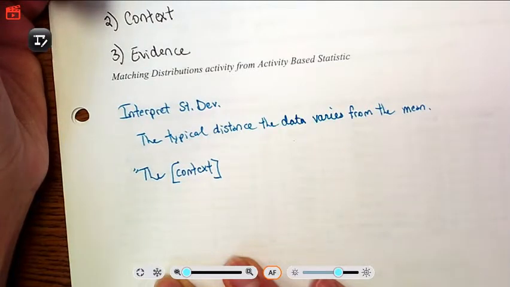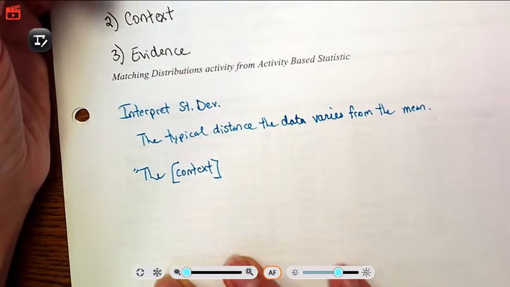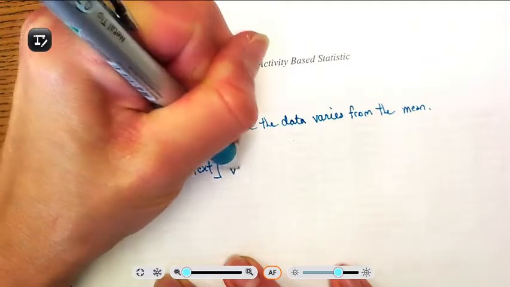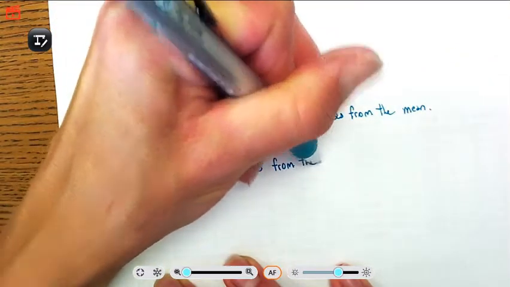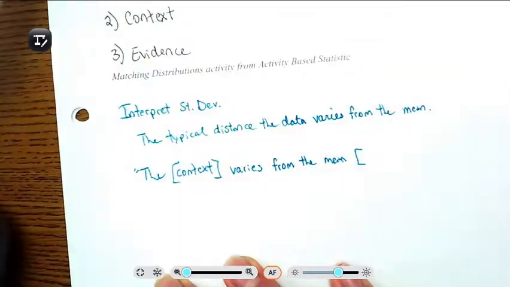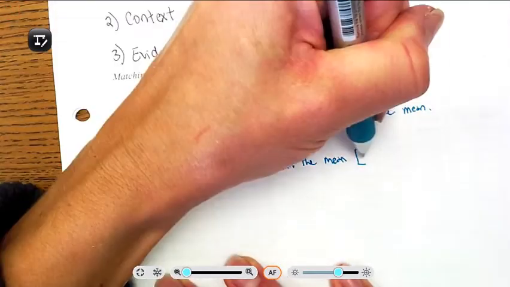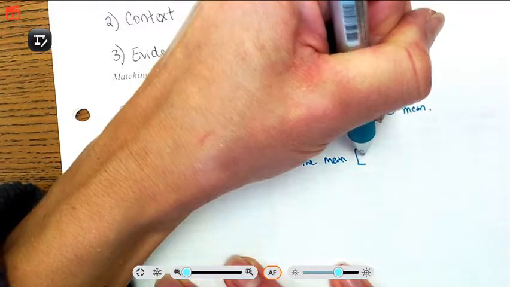The typical amount of time a student spends on their homework varies from the mean number of minutes a typical student spends on their homework.